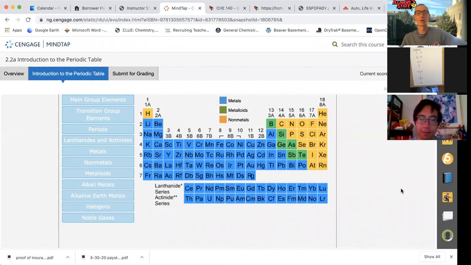So for covalent bonding, if we need to know how many electrons an atom needs to complete its octet, then it seems like that's how many bonds that atom can make in covalent bonding.